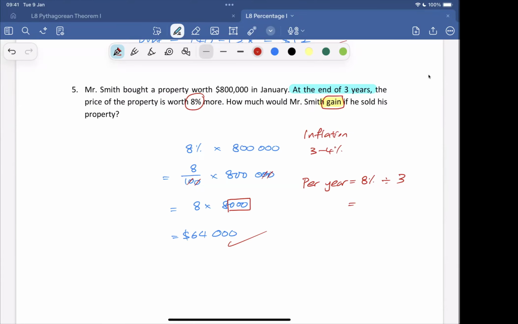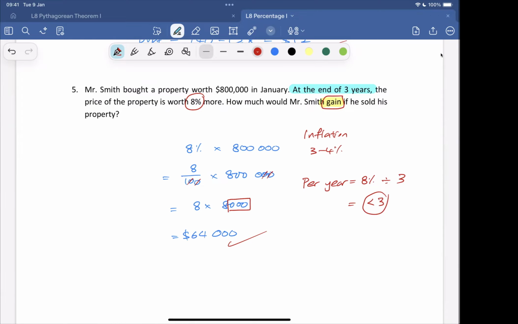What is 9 divided by 3? 9 divided by 3 is 3, right? So if I give you 8 divided by 3, is that going to give you the answer more or less than 3? Less. So, is it enough if it is less than 3? No. Thank you, Karthik.